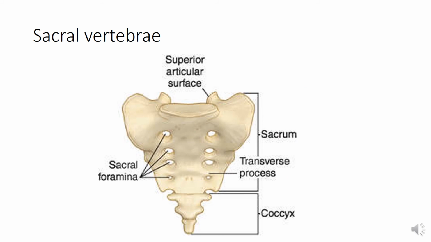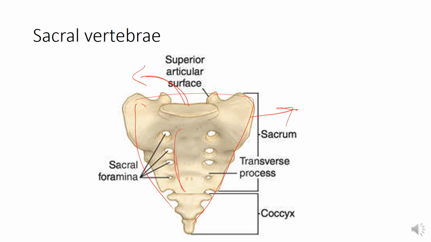The sacrum, or the sacral vertebrae, consists of five rudimentary vertebrae fused to form a triangular or wedge-shaped bone with concave anterior surface. The upper part or base articulates with the fifth lumbar vertebrae, and on each side it articulates with the ilium of the hip bone to form the sacroiliac joint.